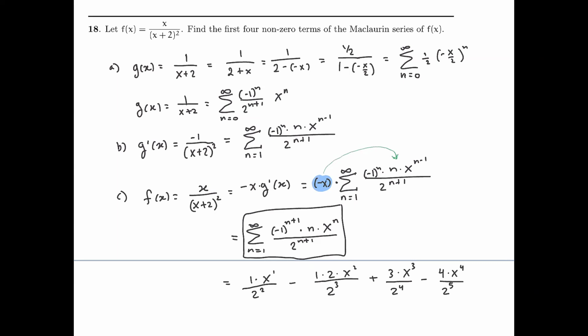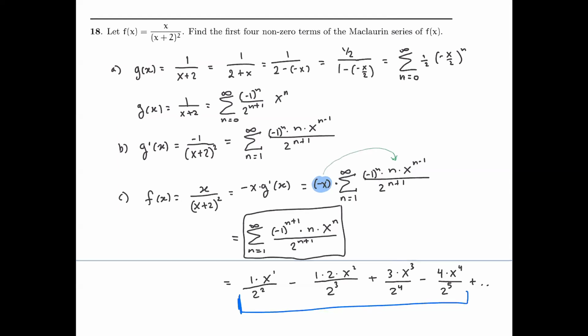There we go. 1, 2, 3, 4, and then it stops there. These are the first 4 non-zero terms right here. And the series is a Maclaurin series because it's centered at 0, right?